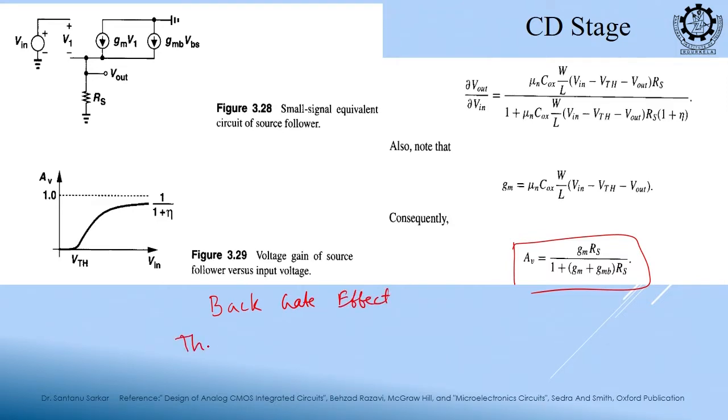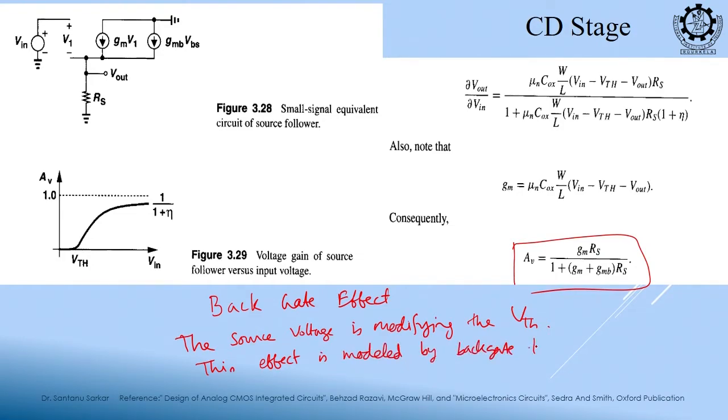Now, an extra GMB term is added because of what is called the backgate effect. The source voltage is modifying the threshold voltage. As a result, what will happen? Your current will vary. This effect is modeled by the backgate transconductance GMB. What is the meaning?